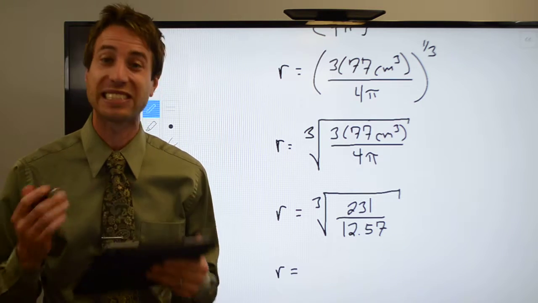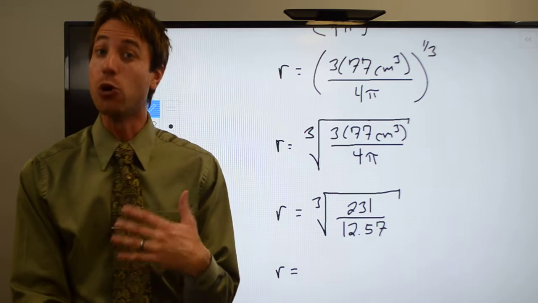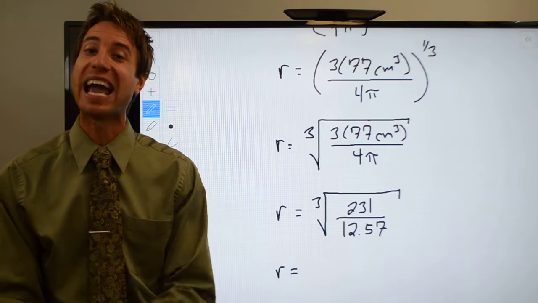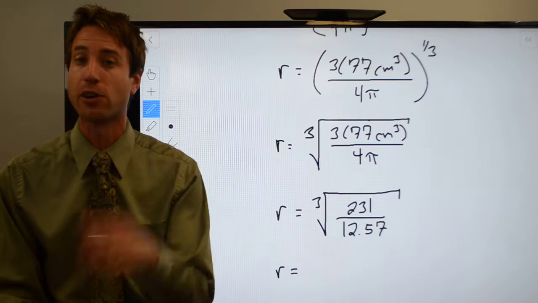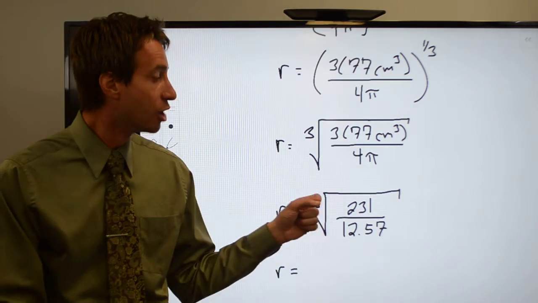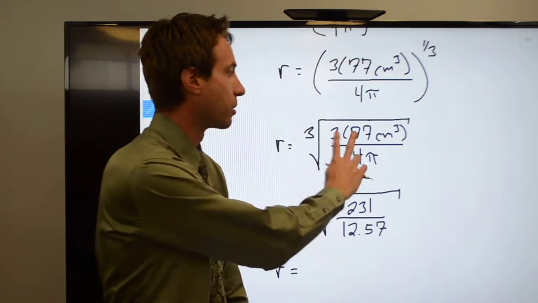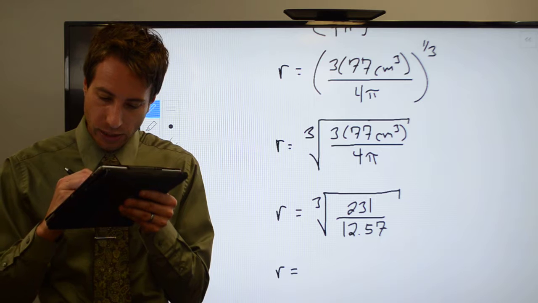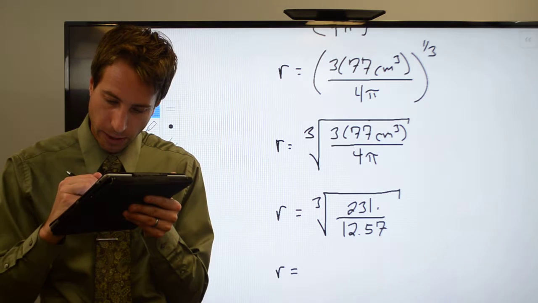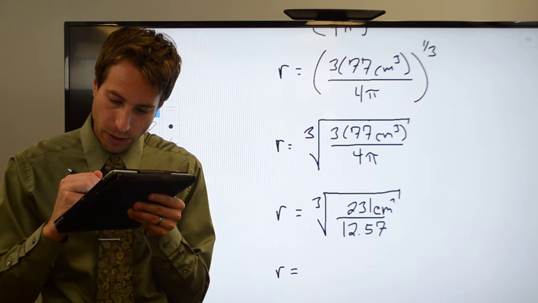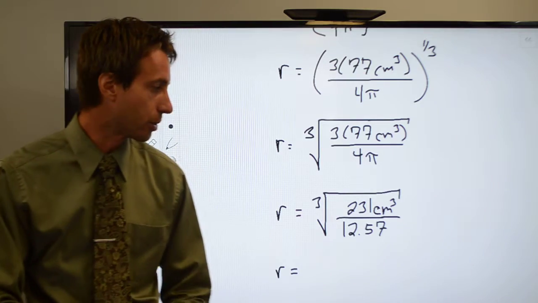But before I take the cubed root, I would go ahead and do the division first. So 231, these are multiplied, so my units are centimeters cubed. Don't want to forget my units. Don't lose your units.